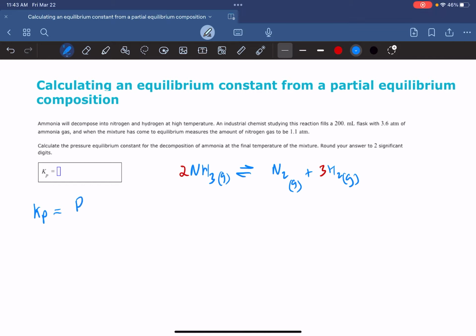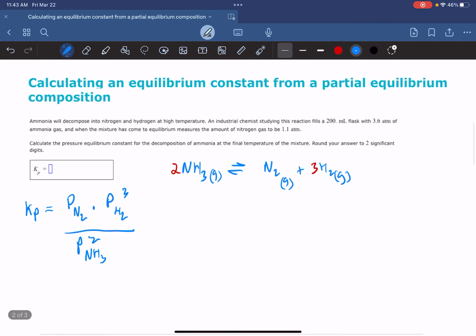So the first one is P of N2, multiplied by P of H2, but because the coefficient is a 3, the exponent we have to put right here is 3, and all of that is over P of NH3 squared.